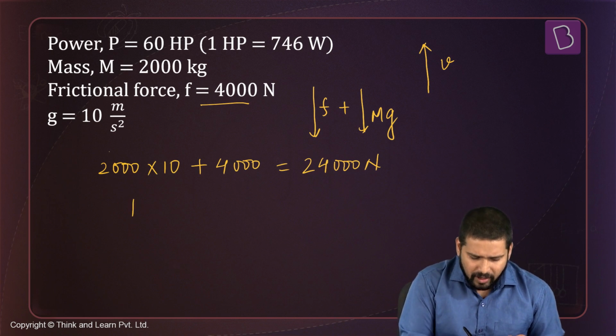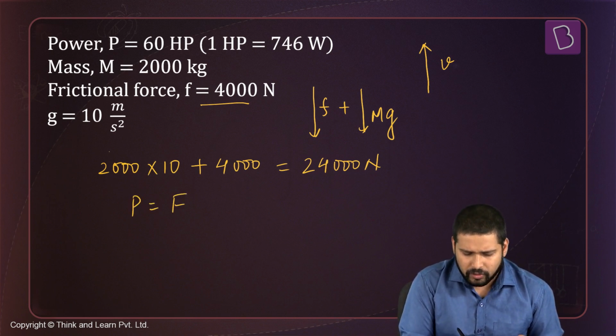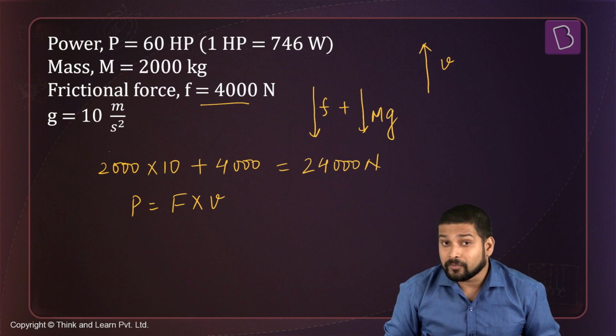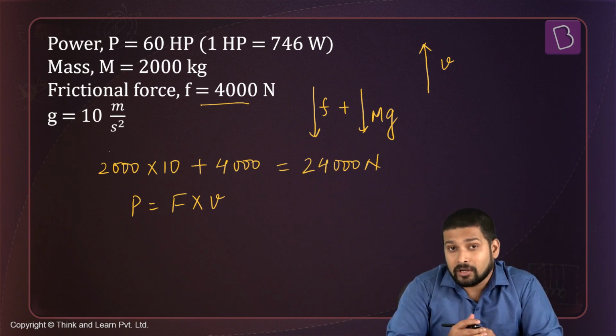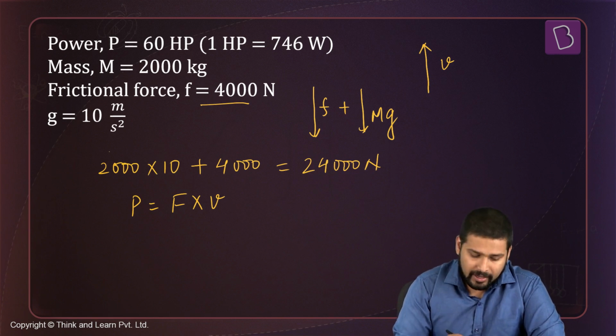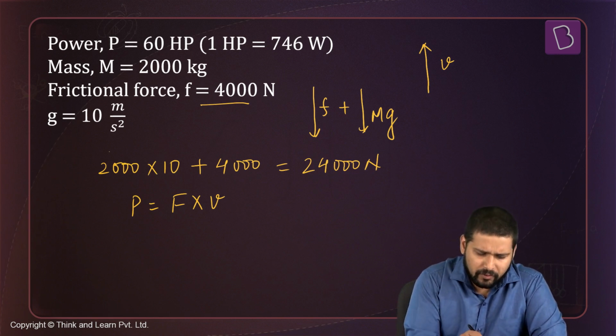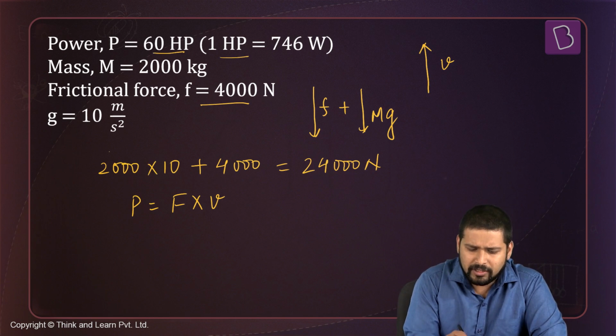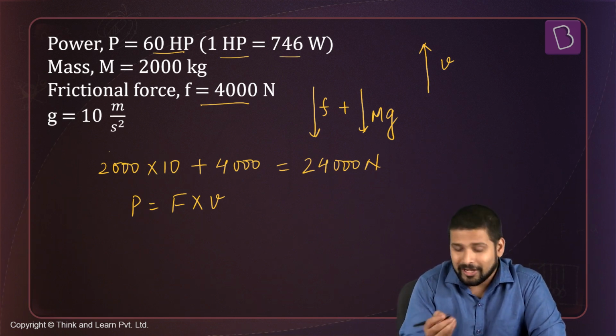So I can write power is equal to force times velocity. In this case, the force it is able to overcome is equal to 24,000 newtons, and we have the value of power. It's 60 HP, and 1 HP is equal to 746 watts. So let's just convert it.